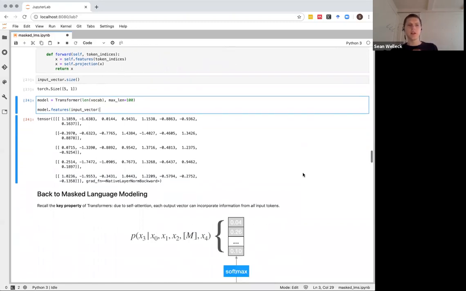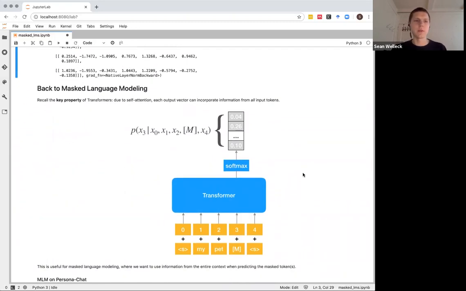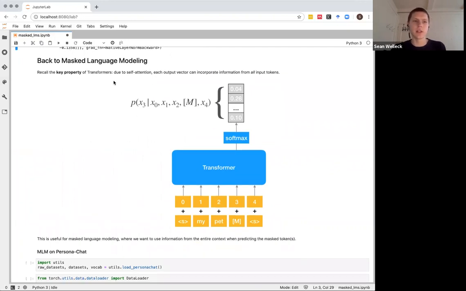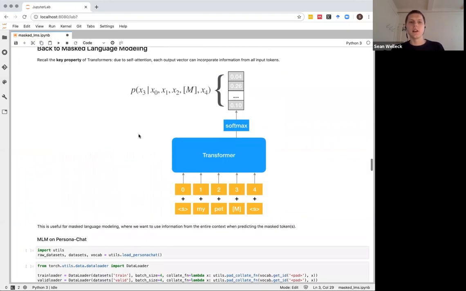Okay, so now that we've reviewed transformers, we can go back to masked language modeling. And as we discussed before, the property is that due to the self-attention, each output vector is going to be able to incorporate information from all of the input tokens. So we might expect this transformer to be a good architecture to use to get these representations that we then use for downstream tasks.